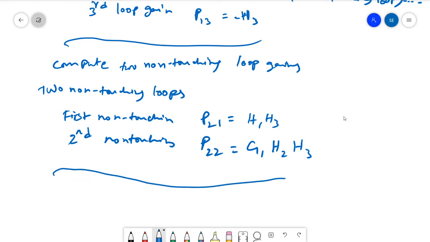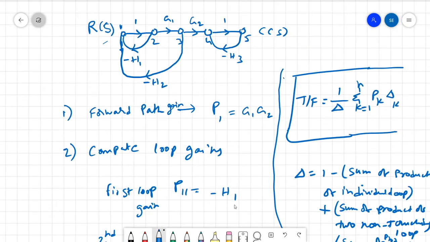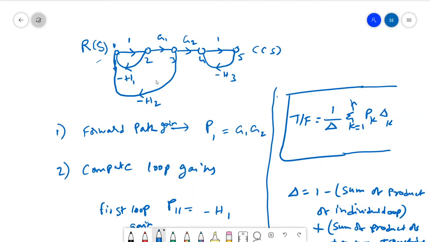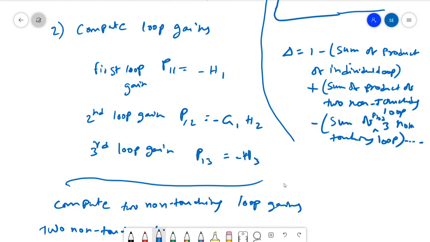Are there any three non-touching loops? There are three loops overall, but two of these loops touch at the first node. Node 1 is a common node of loop 1 and loop 2, H1 and H2 have the same common node. So we can't consider them, and there are no three non-touching loops.